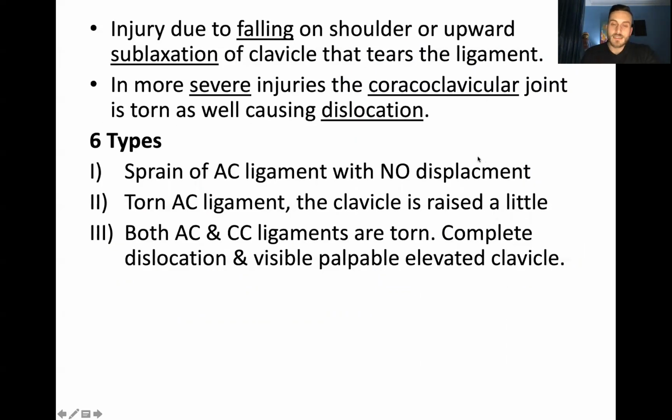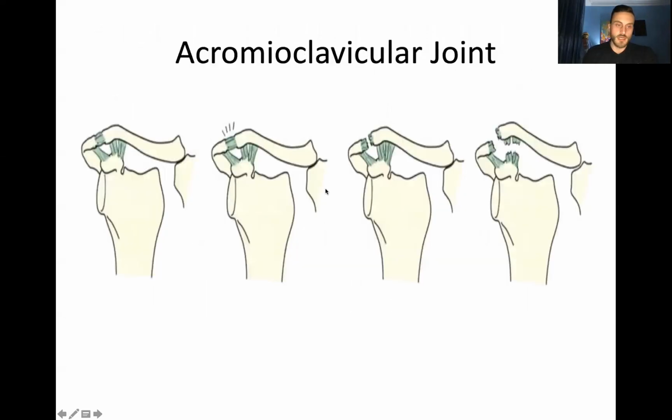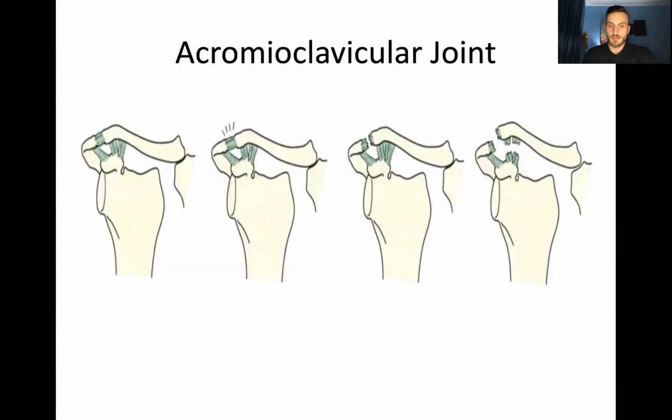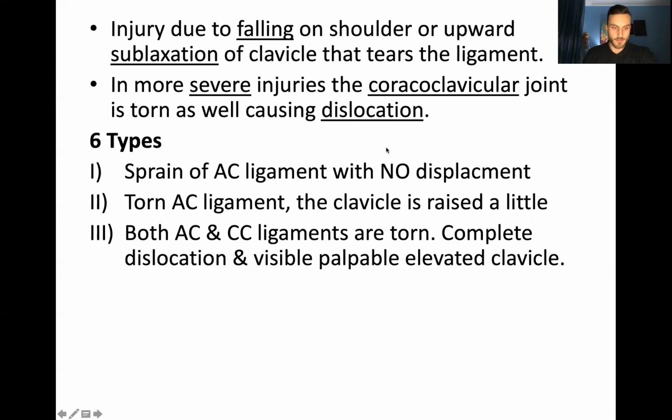There are six types of this ligament injury. Type 1 is only a sprain, as you can see here. The second type, torn AC ligament, but the clavicle is a little bit raised, and the CC ligament is still intact, like this. In the third picture, you can see the acromioclavicular is disrupted, but the conoid and trapezoid are still intact.